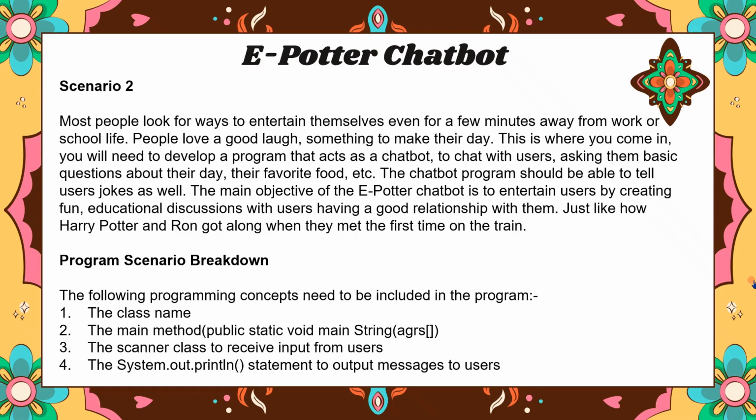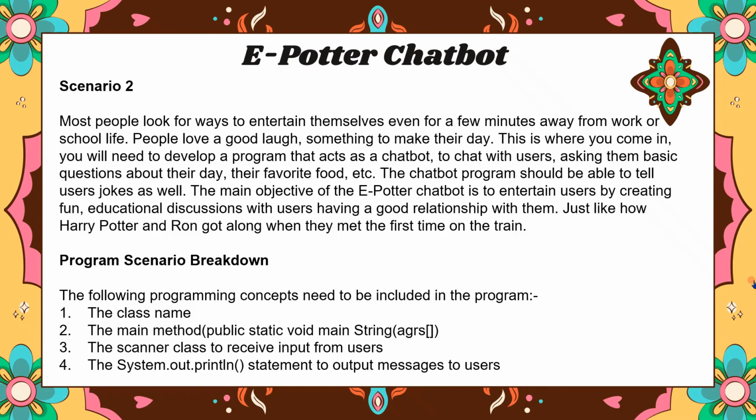The main objective of the ePotter chatbot is to entertain users by creating fun educational discussions, having a good relationship with them, just like how Harry Potter and Ron got along when they met the first time on a train.